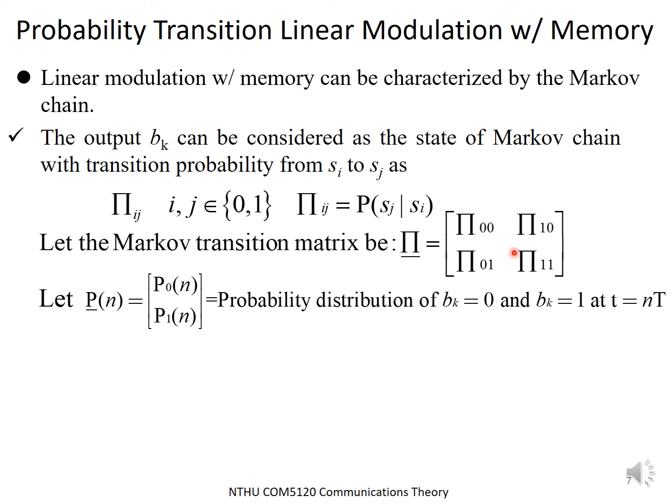And if we let Pn be the vector representing the probability distribution of Bk, Bk equal to 0 or 1, at the time of n, that is the probability of Bk equal to 0 and the probability of Bk equal to 1.